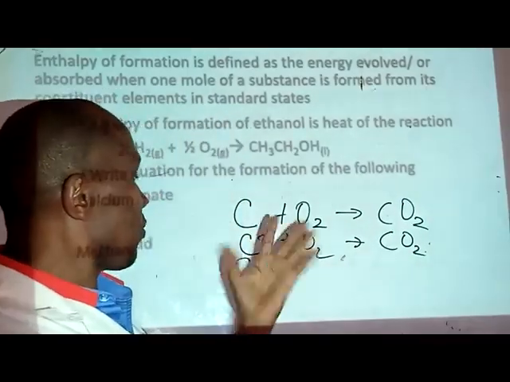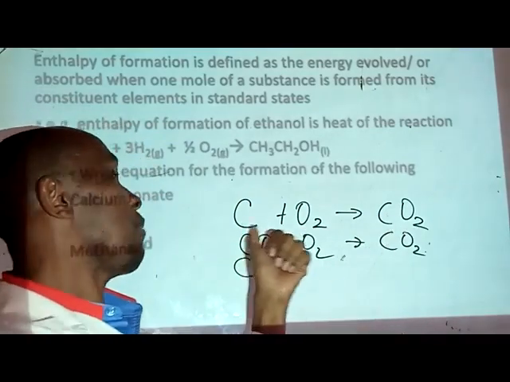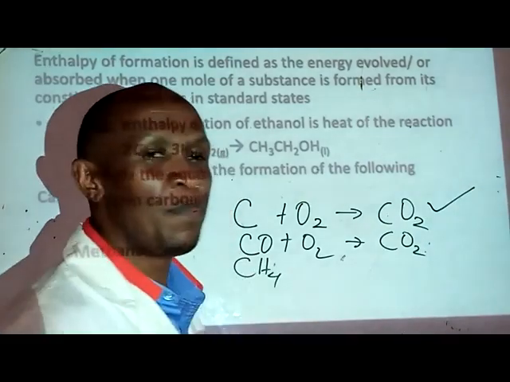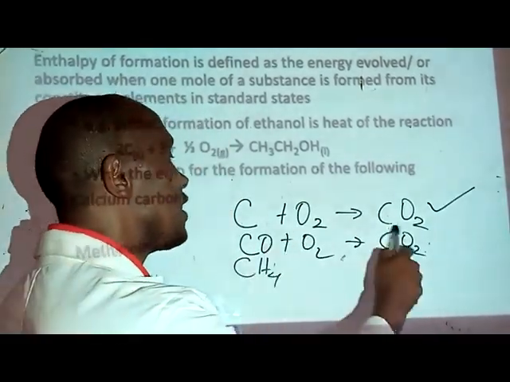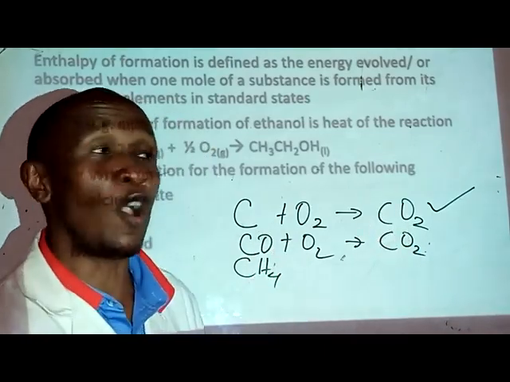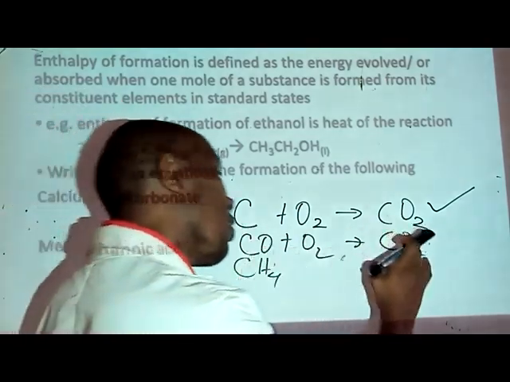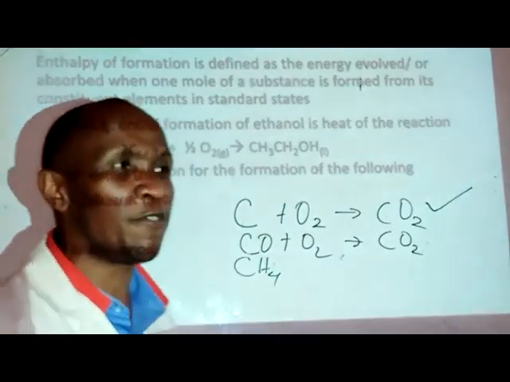So when I look at these reactions, the first reaction, the reaction between carbon and oxygen to form carbon(IV) oxide, becomes the enthalpy of formation of carbon(IV) oxide. Why? I am getting the carbon(IV) oxide from the elements carbon and oxygen. Now, when you look at this one, I'm getting carbon(IV) oxide, but is it being obtained from the elements?